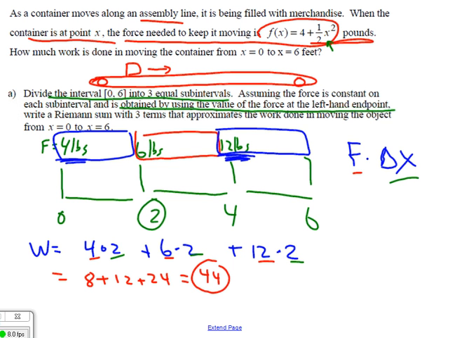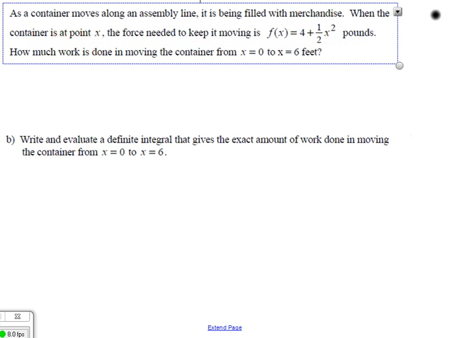That's good, but the more subdivisions I do, the more accurate it's going to be. And that brings up the idea of taking the integral. With a definite integral, we now have a little infinitely small cut with dx, and the force at that point is 4 plus 1/2 x squared.